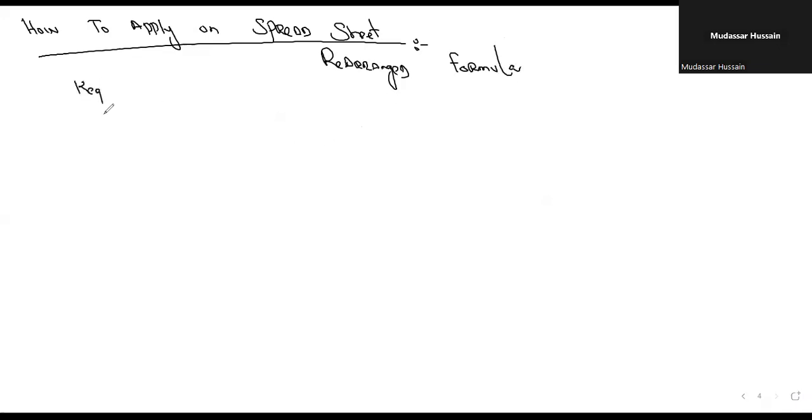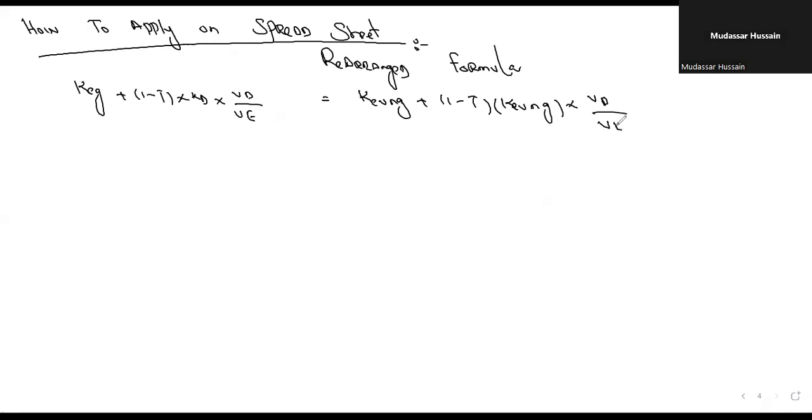Cost of equity of geared company plus 1 minus t into Kd into value of debt over value of equity is equal to cost of equity of ungeared company plus 1 minus t into cost of equity of ungeared company into value of debt over value of equity.